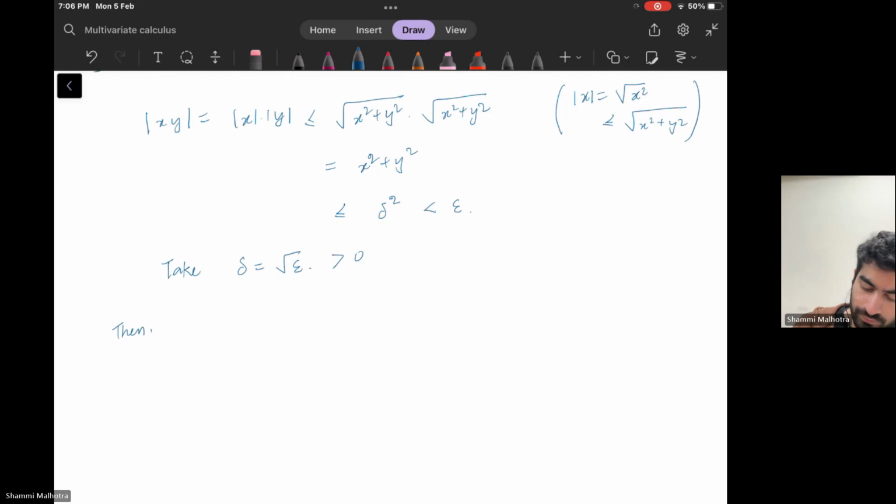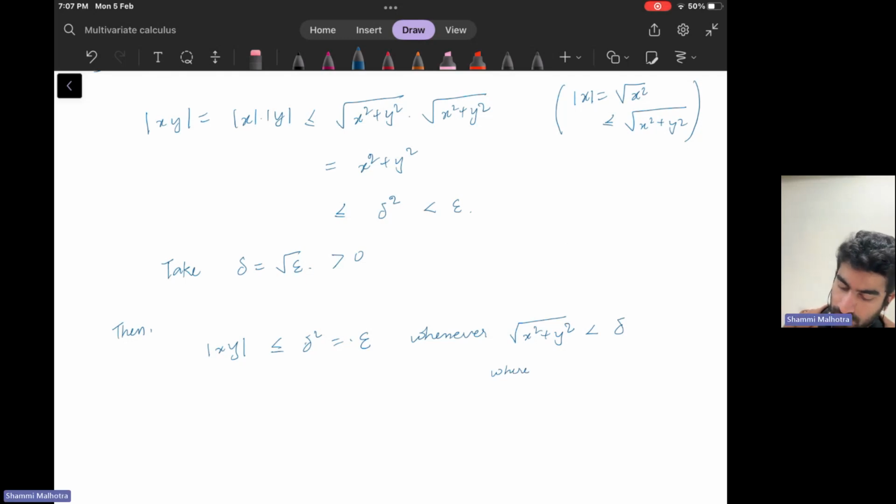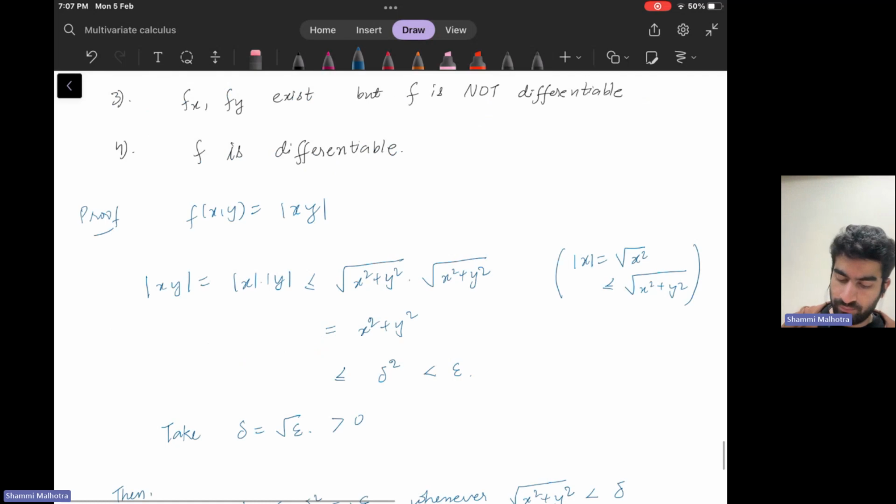Then the product will be less than delta square, which is epsilon, whenever my square root of x square plus y square is less than delta, where my delta is given as square root of epsilon. So this actually gives continuity of the function at 0, 0. So the first option is not correct.